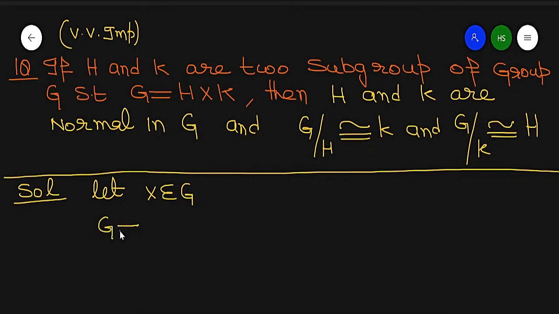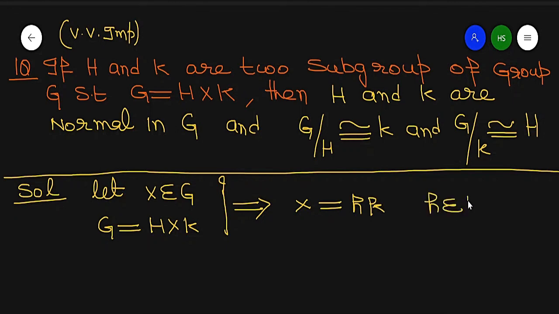G is equal to H cross K. If I take some element, then this X is of type HK, where h belongs to capital H and k belongs to capital K. So first I check the element of G. So what is the element of G? That is of HK type.